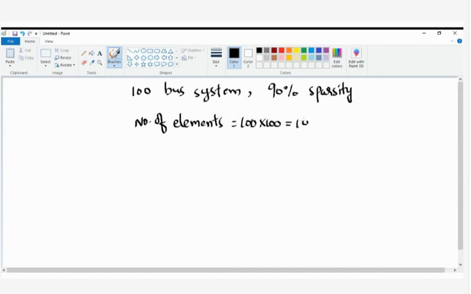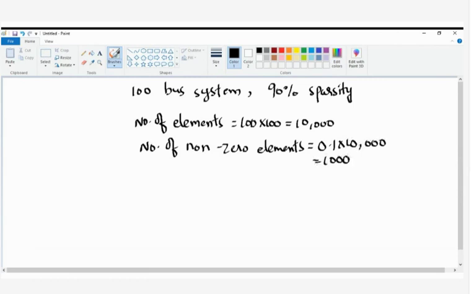It would be 10,000. Then you have to see the number of non-zero elements. That would be 0.1 into 10,000. That would be 1,000.